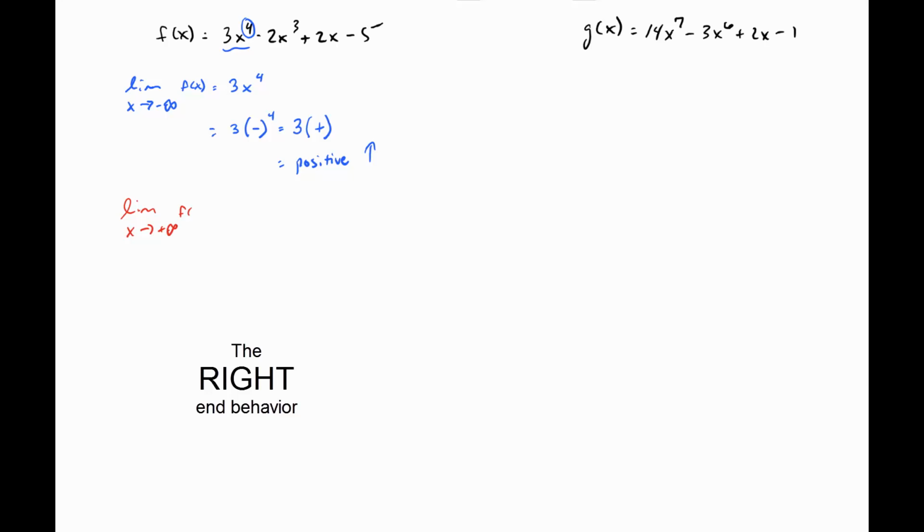So same process. We know that f of x will just approach 3x to the 4th, which means we're going to have 3 times some positive number to the 4th power, which will end up being 3 times a positive number again, which is of course going to be positive. So we know it's going to be going up.